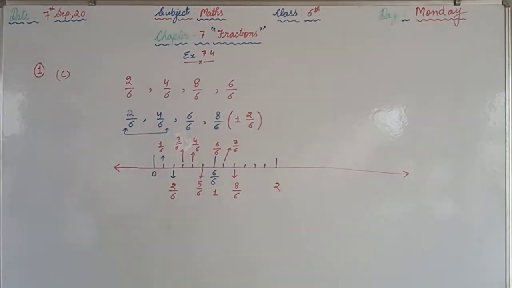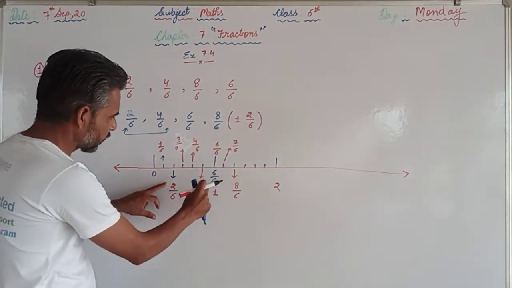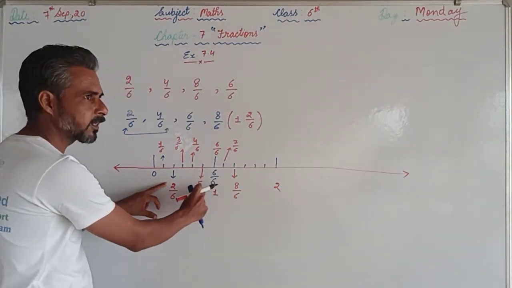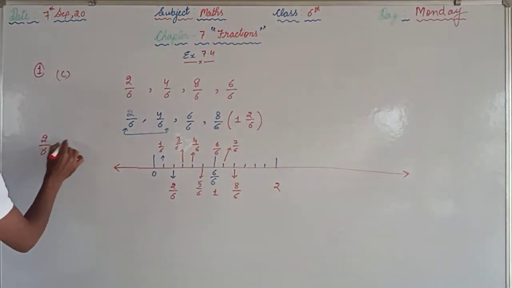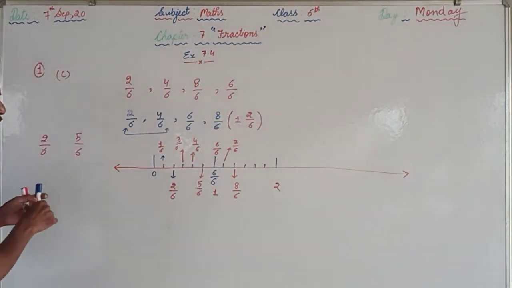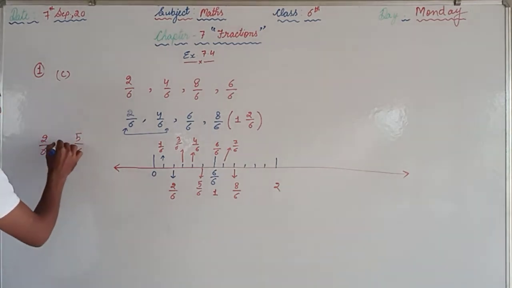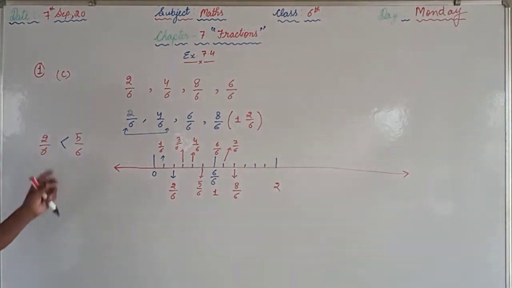So 5 upon 6 and 2 upon 6: 2 upon 6 is here, 5 upon 6 is here. So 5 upon 6 is on the right hand side. So the fraction on the right hand side will be the larger one, like this.